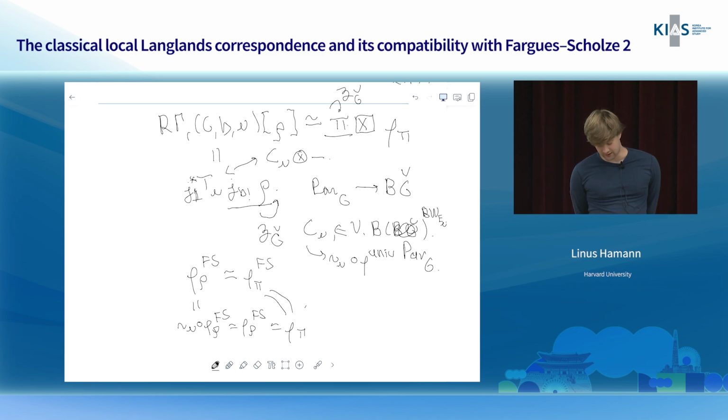If you want the tensor action of this vector bundle C mu, it doesn't really change which locus on the stack of parameters you're supported on, essentially by projection formula. Is that just because you're picking mu corresponding to the standard? No, sorry, I should emphasize, this works for any mu.